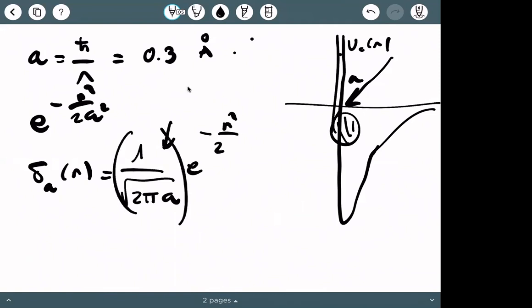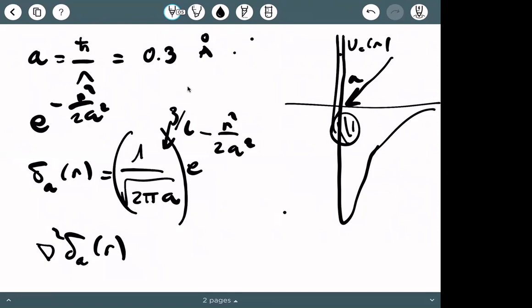I think this is to the 3/2 or something. Doesn't matter. That's what I mean by delta A. And then, of course, I can take second derivatives of these because it's a perfectly smooth function. Okay, and so I have all my terms.